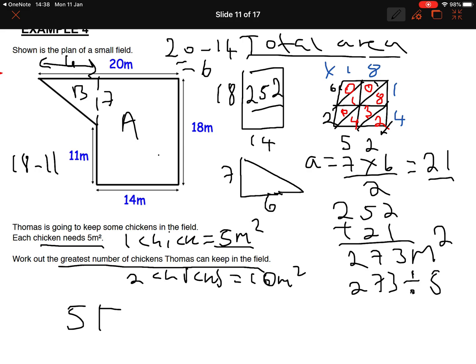Okay, I would just simply use the bus stop method, which is 2, 7, 3. 5s cannot go into 2, so I'll put a 0 there and a 2 there. 5s go into 27 5 times. You've got a remainder of 2. 5 goes into 23 4 times. And then you've got a remainder of 3, so I'll put a 0 there.